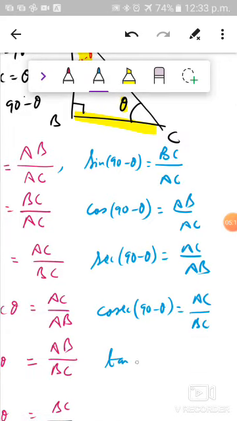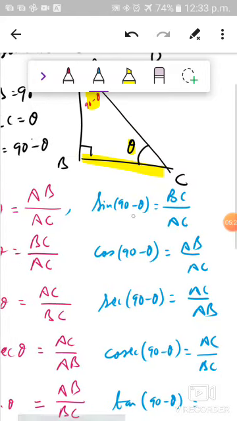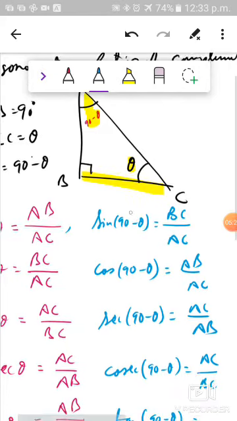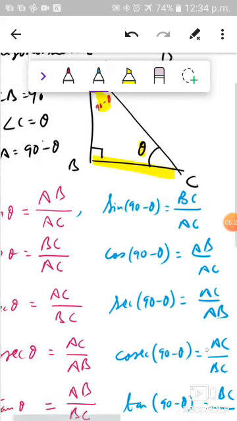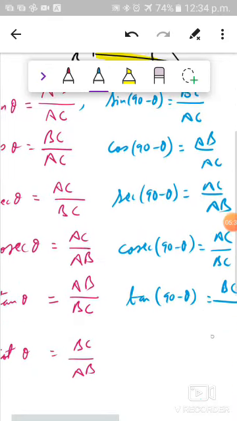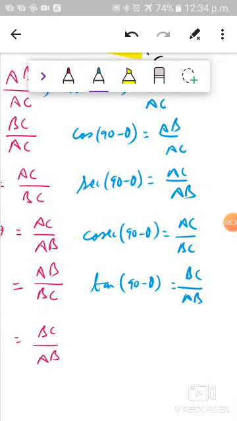Tan 90 minus theta, that is perpendicular upon base. So for 90 minus theta, the opposite side is BC and the adjacent side is AB. And cot 90 minus theta is the reciprocal of tan, that is AB by BC.